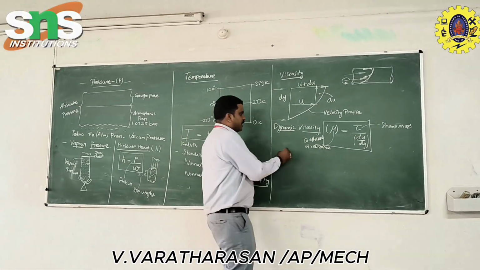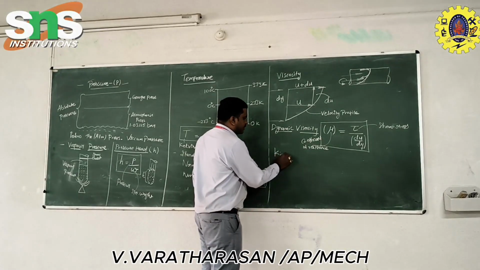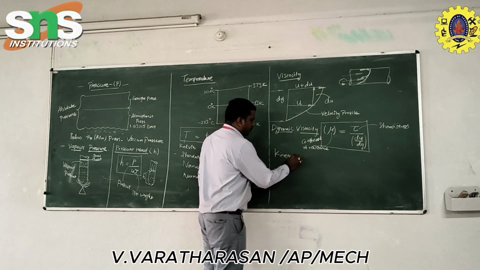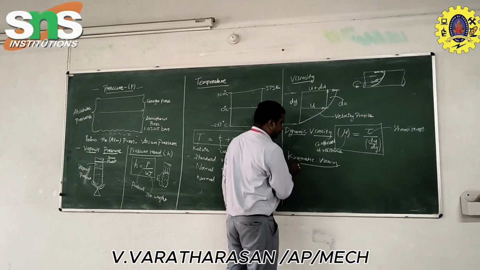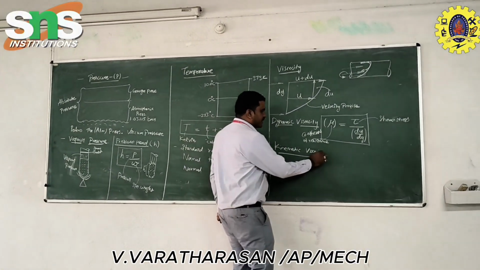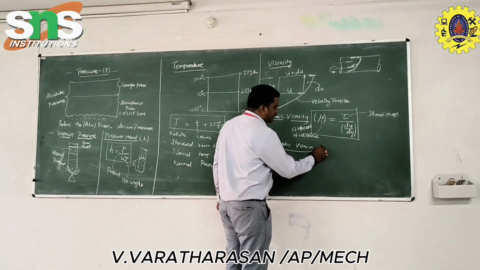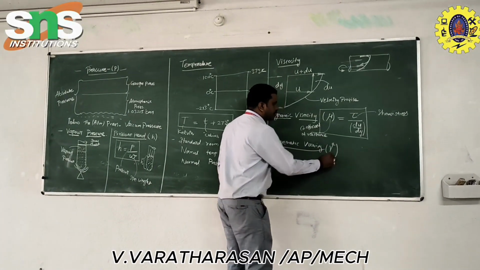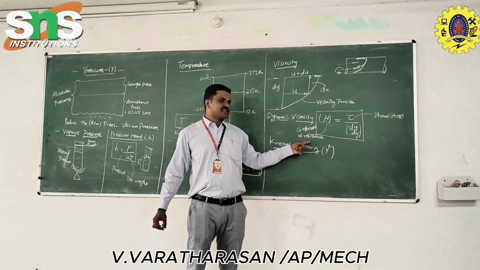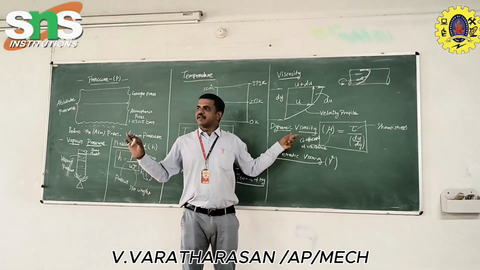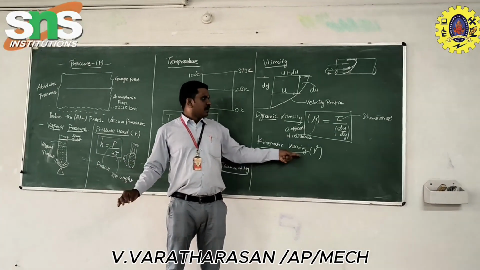The next one is kinematic viscosity. Kinematic viscosity is represented as nu. Mu is the coefficient of resistance, denoted as dynamic viscosity.